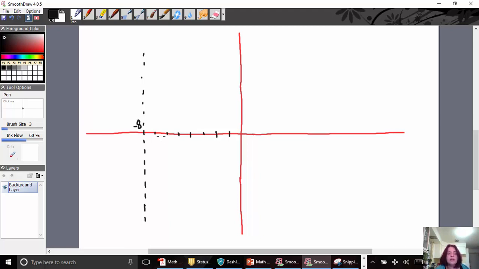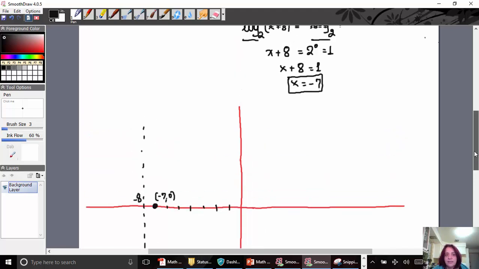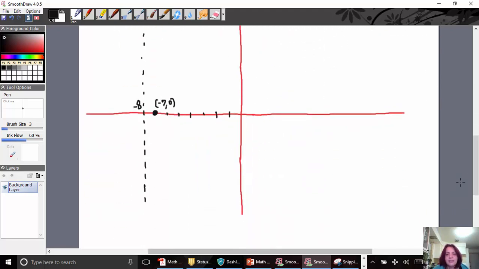The next step is to identify my x-intercept. I remind you that the x-intercept is the point negative 7, 0. And I also want to know the y-intercept. As you can see, the y-intercept is 0, 2. So those 2 points will be points of my logarithmic function.